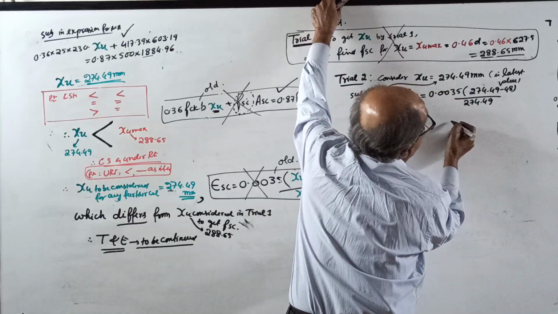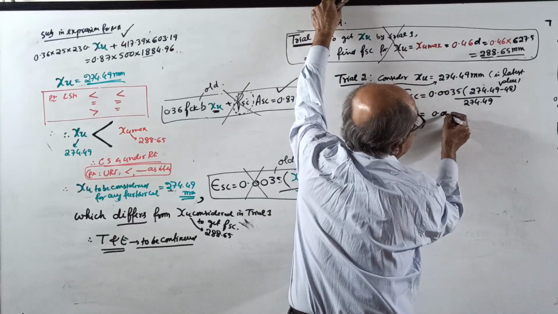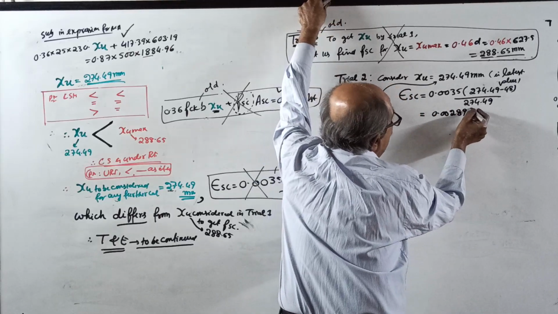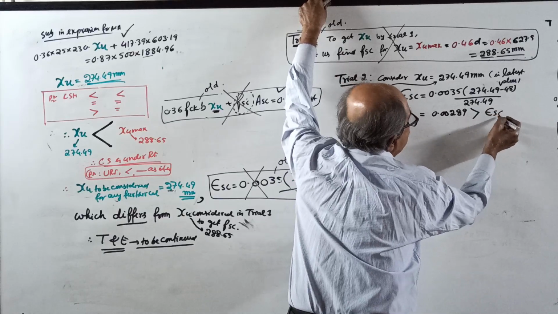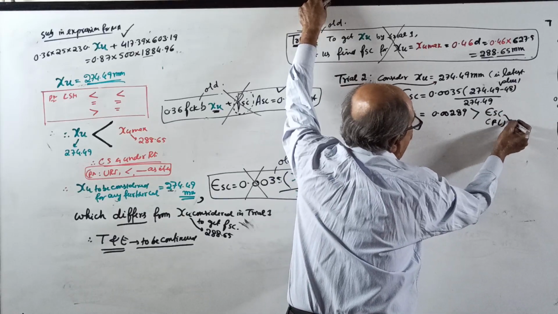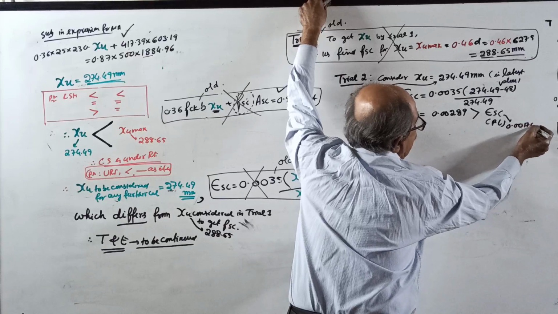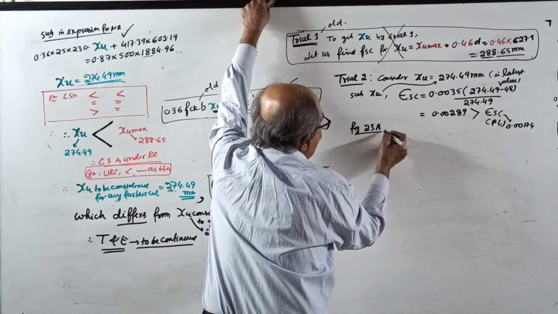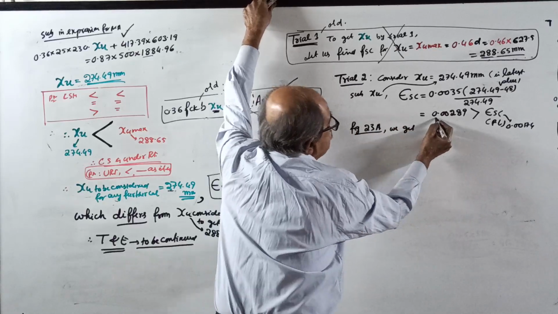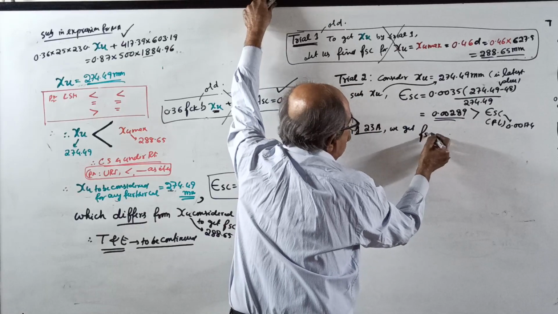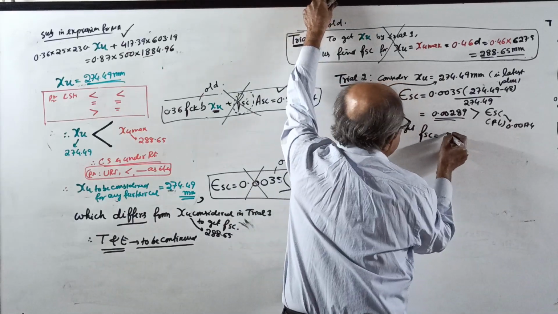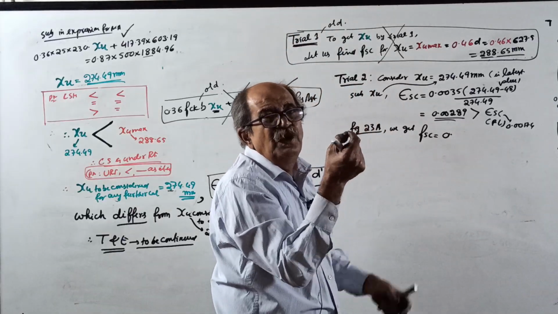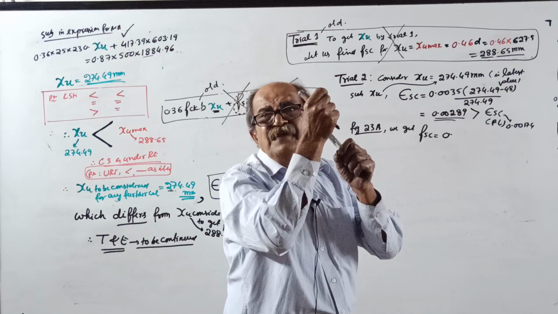That will come to 0.00289, I calculated already, which is more than epsilon sc at the proportionality limit of 0.00174. Therefore, from figure 23a, for this strain we get Fsc equal to, I noted down the number. Last time you got 0.96, if you remember. Now it comes slightly down.